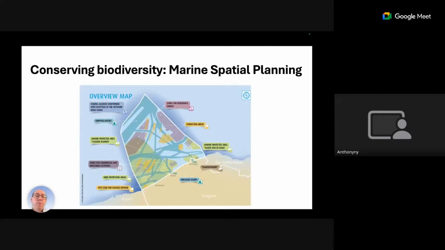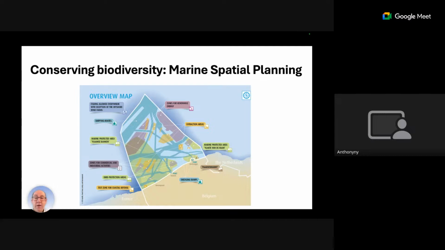I'm going to be talking about marine spatial planning. Just to give you an idea about what that is, it's about zoning. It's like you might zone a city for residential and industrial uses. Here's an example in Belgium, and there's different uses of the ocean. There are marine protected areas, but there are also shipping routes, areas for renewable energy, areas for extraction.